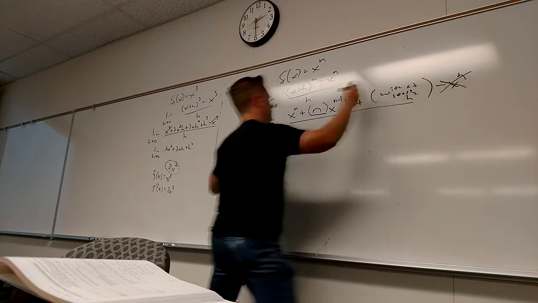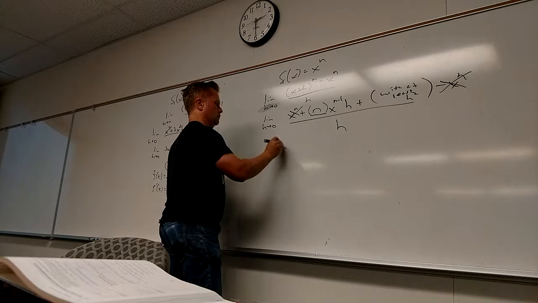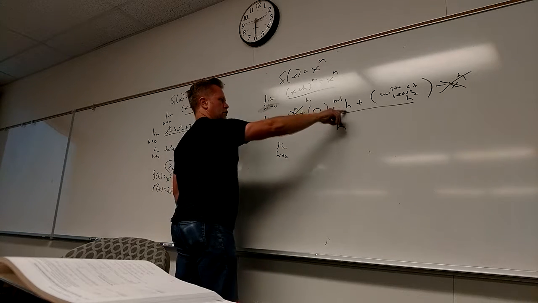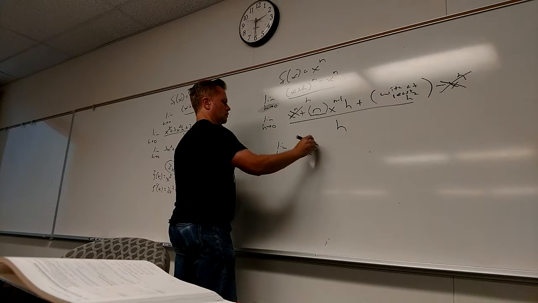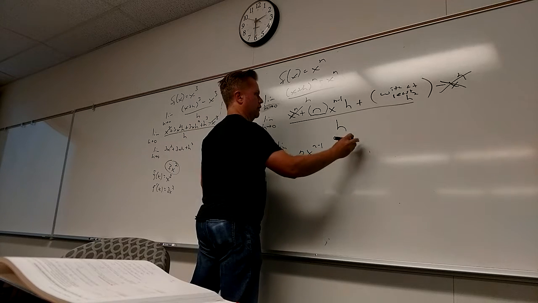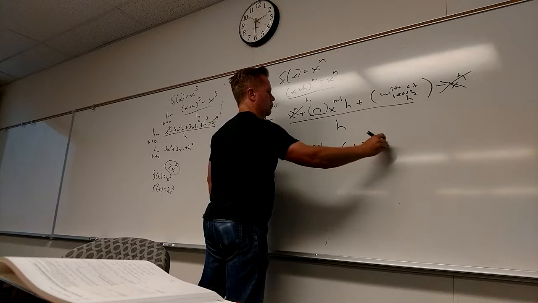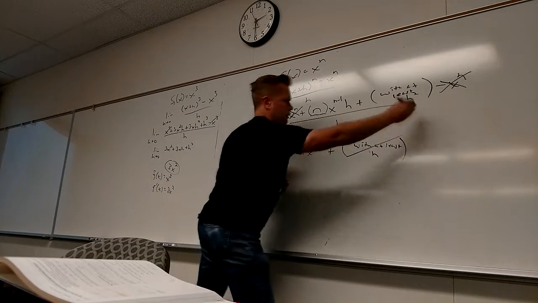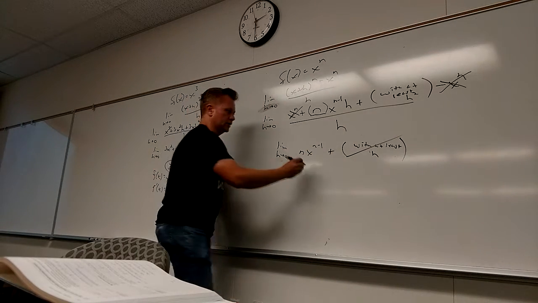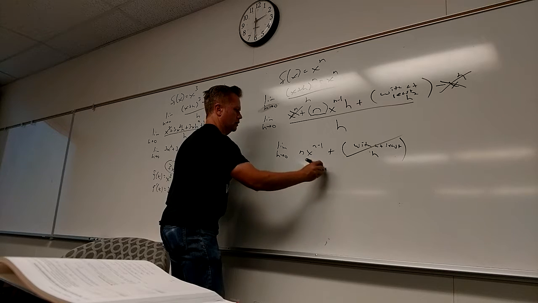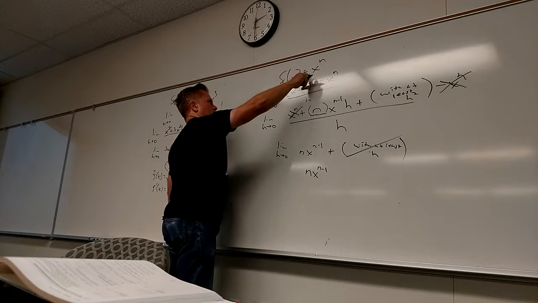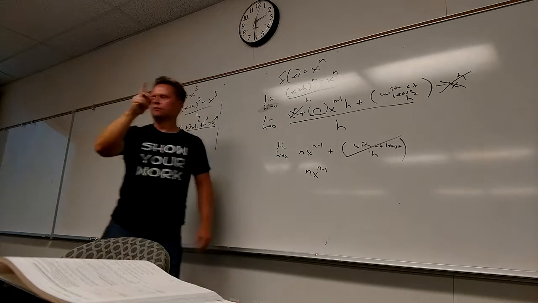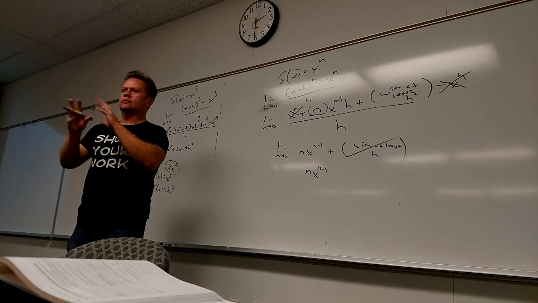So these cancel. This loses its h, and then I got a bunch of stuff with at least h. So as I let h go to 0, all this goes away. And it does exactly what it looked like it was going to do. The power comes down, and it goes down by 1. Oh my God, that's too beautiful.